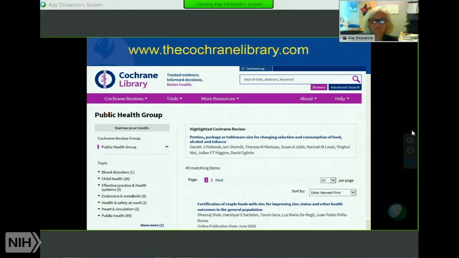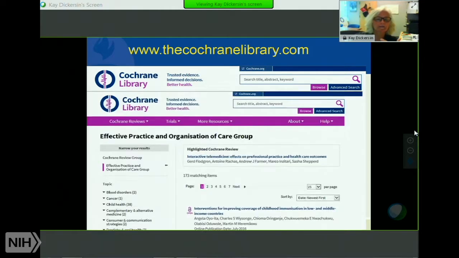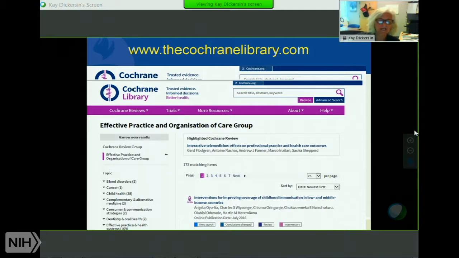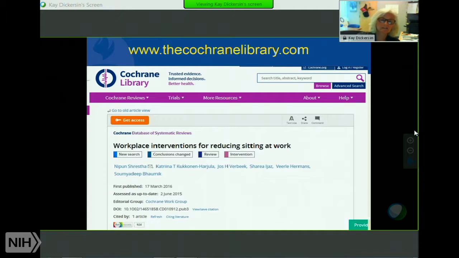The Cochrane Library has a public health group that looks at, for example, tableware and portion size for changing selection and consumption of food. Here they're looking at health systems, telemedicine, and interventions for improving coverage of childhood immunization in low and middle income countries. Here's the Cochrane Review on workplace interventions for reducing sitting at work.